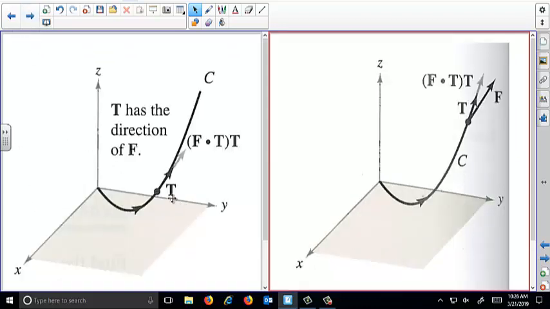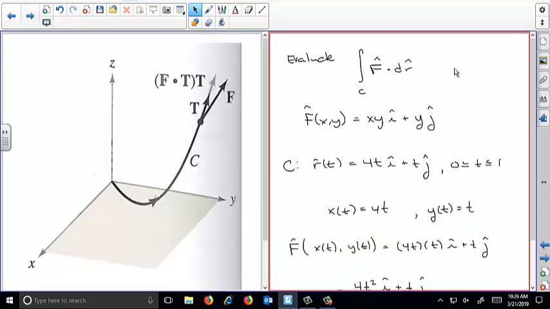So I think what this is showing is that at every point on this curve, this product, which is reflected in the definition, gives you the component of the force in the direction of the unit tangent vector.